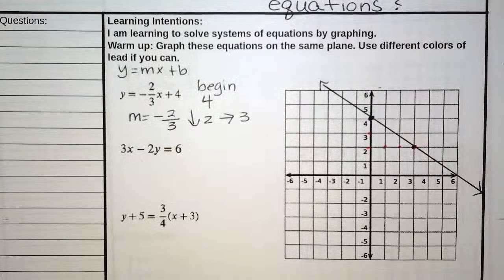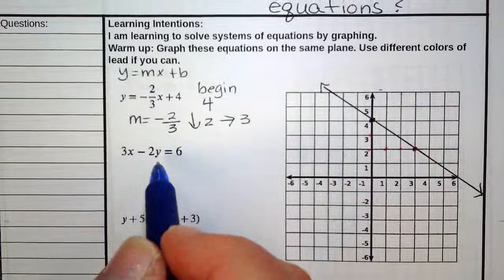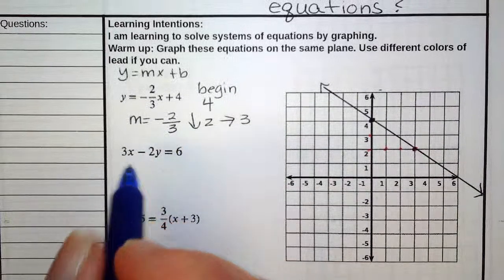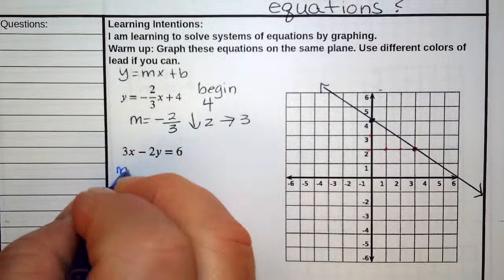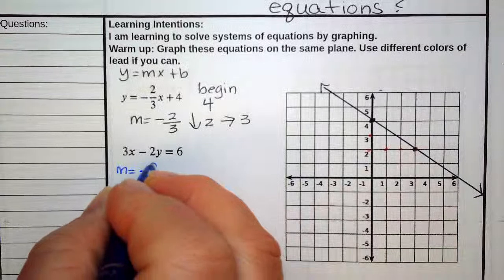The next one is in standard form. In standard form, you can either find one point by finding either the x or y intercept, or you can plug and chug and use the slope you can find, which is, your slope is the opposite of a over b.